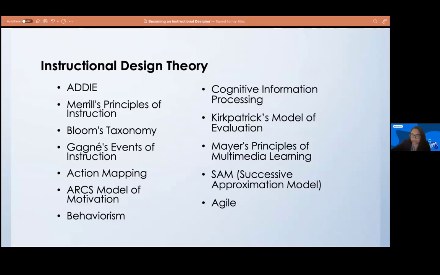We also have the SAM, which is the Successive Approximation Model, and it was developed by Michael Allen. It's a simplified version of the ADDIE model and has 3 phases, which are preparation, iterative design, and iterative development.